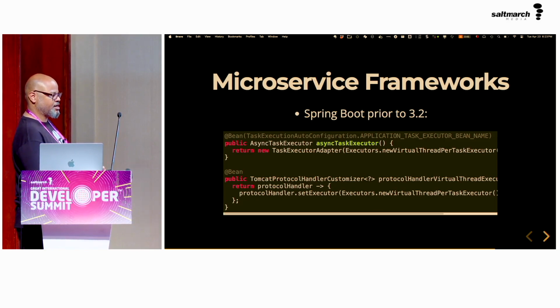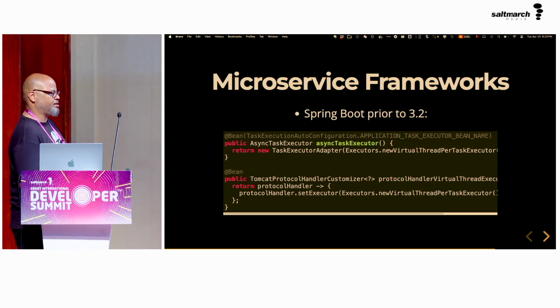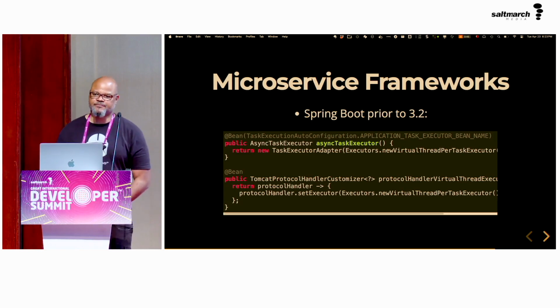So again, there's that new virtual thread per task executor. This is for async tasks, so for any background tasks you have running, you want to use it. And then for Tomcat, and I believe Jetty, you do the same thing. You just have to do a little bit of work there, but then you'll get basic support.